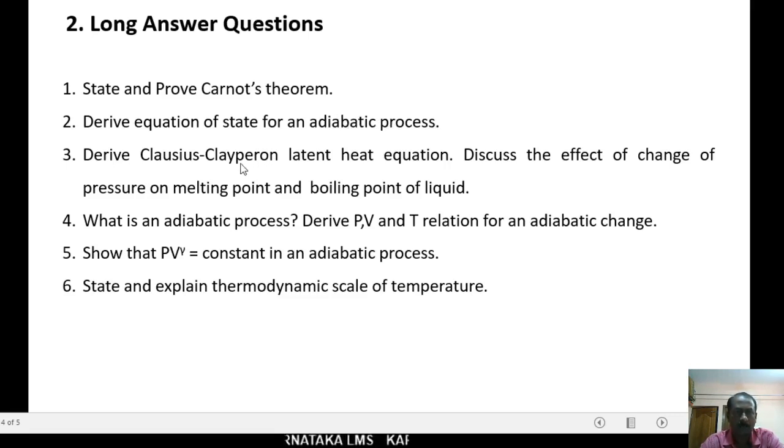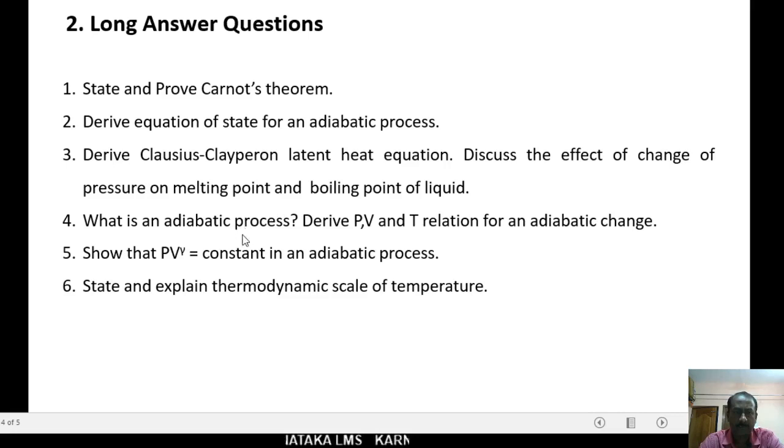Next question is derive Clausius-Clapeyron latent heat equation. Discuss the effect of change of pressure on melting point and boiling point of liquid. The derivation of Clausius-Clapeyron with the diagram carries 2 marks, the effect of change of pressure on melting point carries 1 mark, and on boiling point carries 1 mark. Totally it carries 4 marks. Next question is what is an adiabatic process?